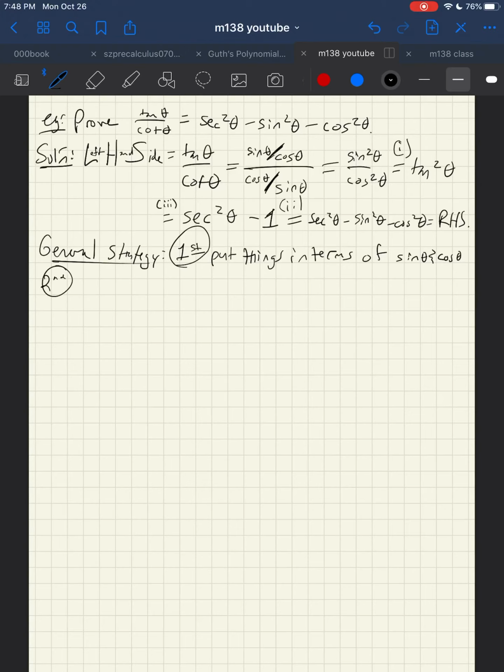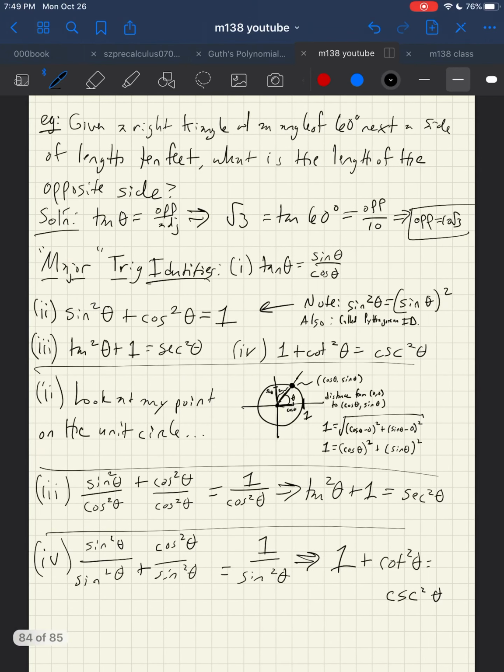My second thing that I do is I try to apply the Pythagorean identity. That is that sine squared theta plus cosine squared theta equals 1. And when I say that I'm trying to apply the Pythagorean identity, I mean either this one or this one or this one. But if I've put everything in terms of sines and cosines, I'm mainly looking for this one.